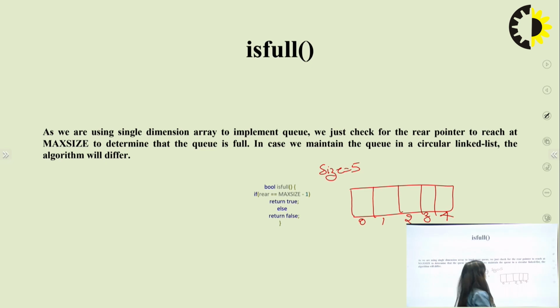All positions are filled: A, B, C, D and E. Now you want to insert another element F, but the size is only 5, so you cannot insert it.